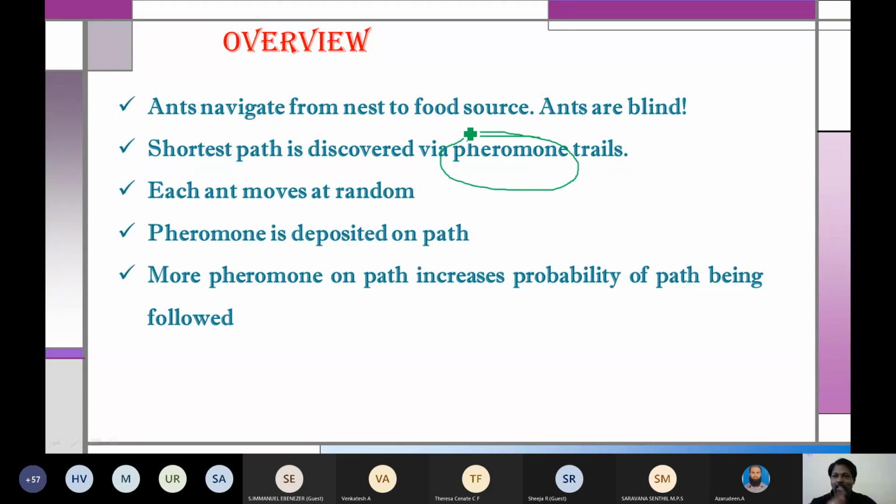If one big ant secretes more and a small ant secretes less, everything will go off. So we assume all ants secrete the same quantity of pheromone.